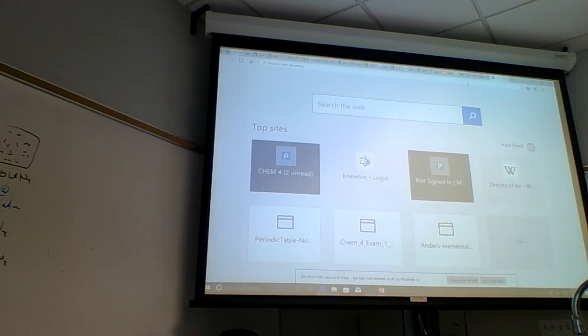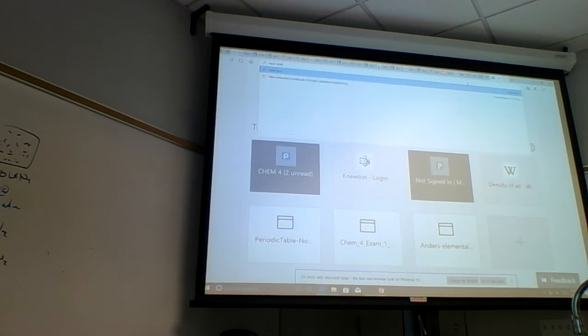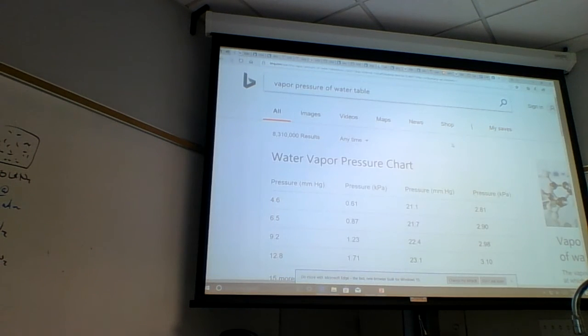This is called the vapor pressure of water table. You want the table. And so this is going to be in tabular form.